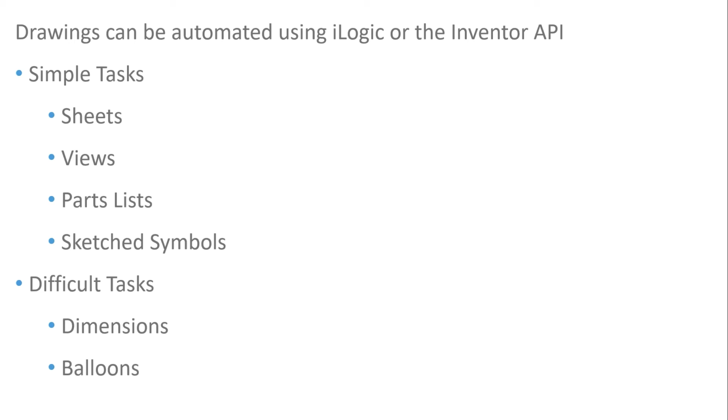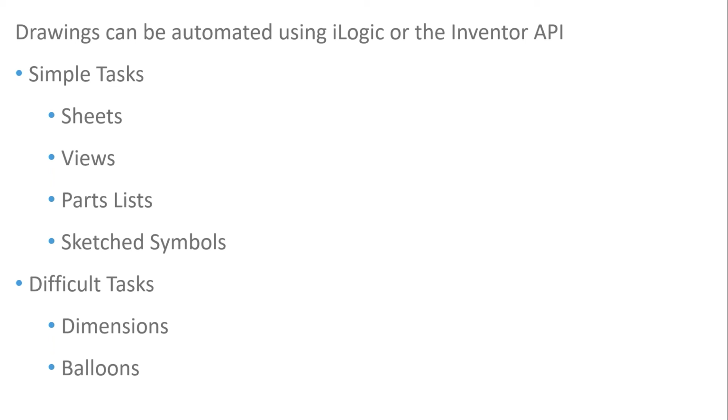Weighing the difference between what might be simple and what might be difficult in programmatically creating drawing automation is a great responsibility for you as end users, or as a company that wants to implement it. Does it benefit you to fully flesh out a drawing automation project, placing sheets, views, parts lists, balloons, and dimensions?